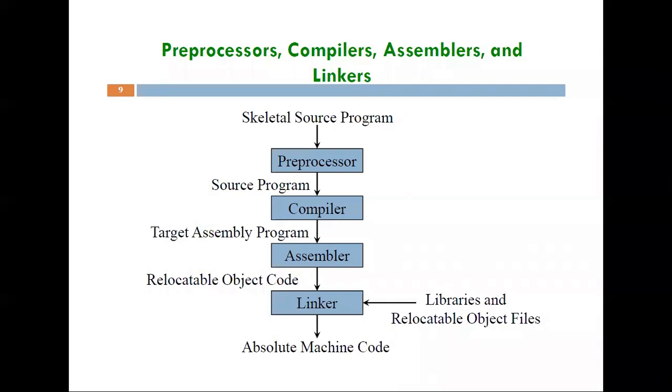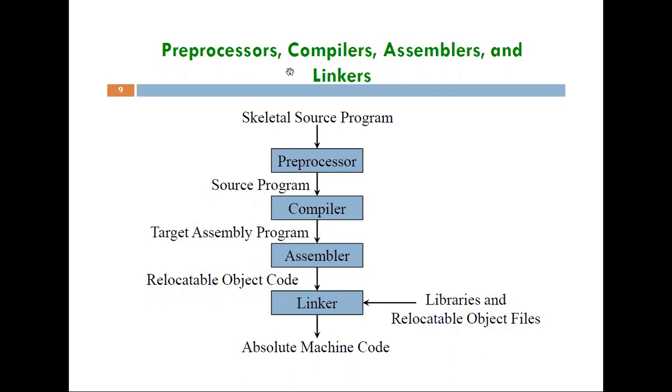The compiler alone won't execute, so some dependent components are required. In general terms, we call them cousins of the compiler. What are the cousins? First one is the preprocessor, then the second one is the compiler, then the third one is the assembler, then the last one is the linker.